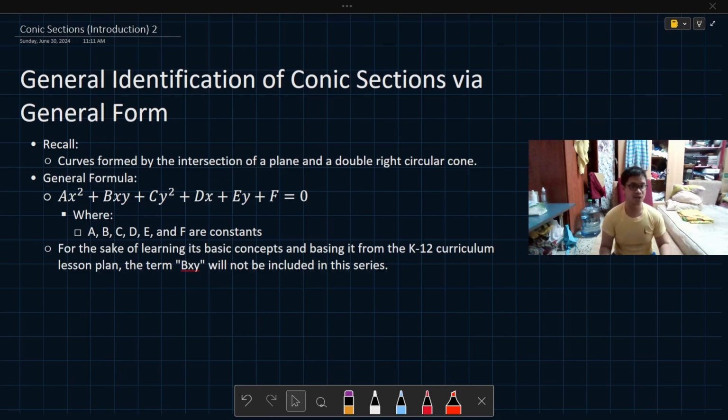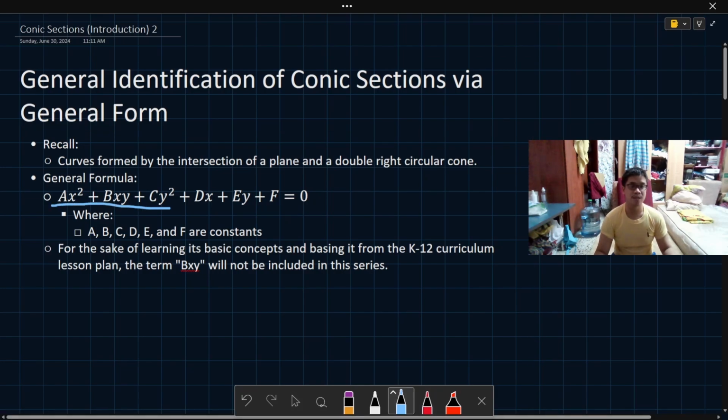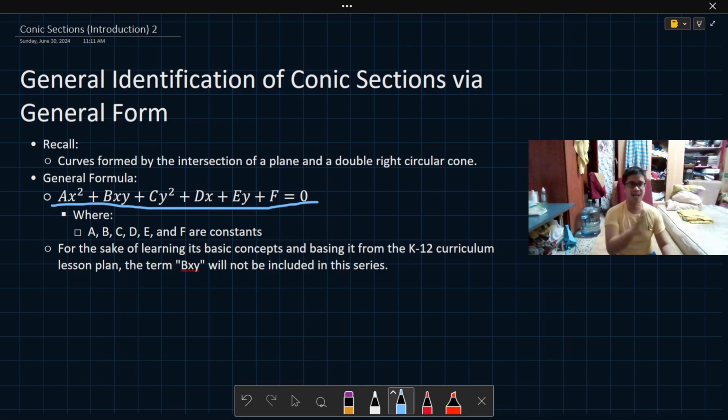And if it is, what type is it? Is it a circle, parabola, and so on? So here it is, the general formula for the conic section: ax squared plus bxy plus cy squared plus dx plus ey plus f equals 0, where a, b, c, d, e, and f are constants, or basically numbers.